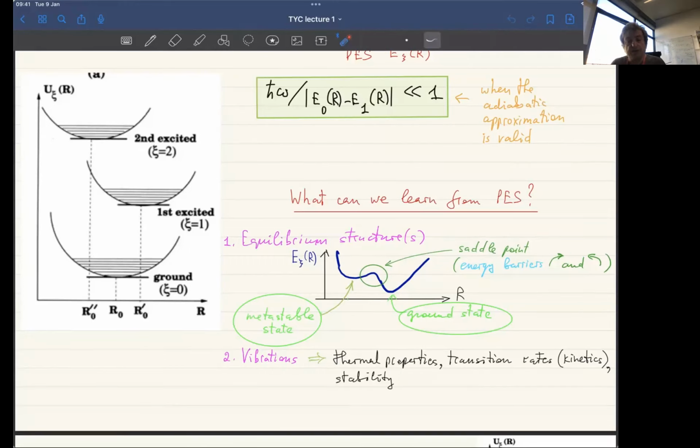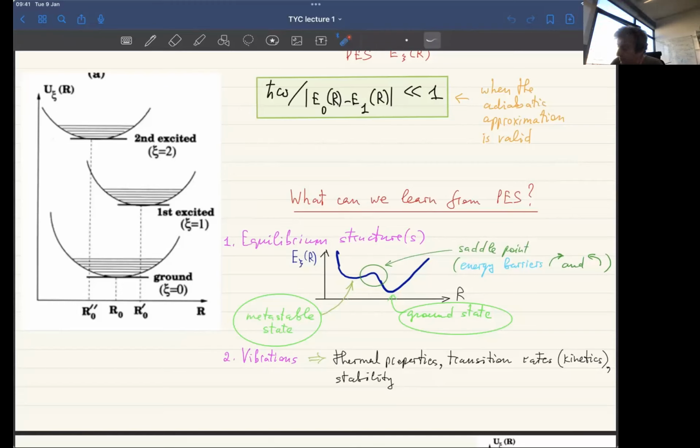So we can learn about all stable states of the system, and in particular, we can see where the ground state of the system is. And in fact, if you consider a buckyball C60, it has a very large number of such metastable minima, and just one very low ground state, the fundamental minimum, which corresponds to the buckyball structure, the football kind of geometry of the 60 carbon atoms.